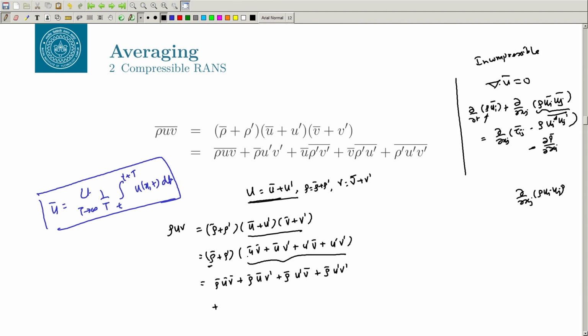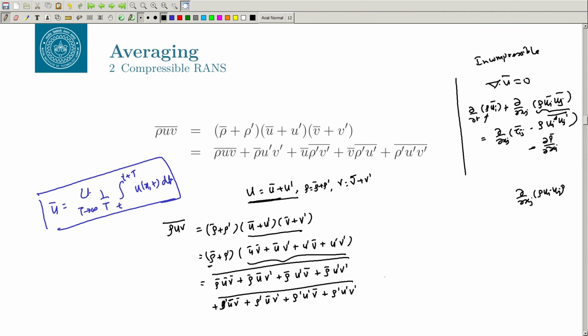Now I multiply rho prime with all of them: rho prime u bar v bar plus rho prime u bar v prime plus rho prime u prime v bar plus rho prime u prime v prime. And then, as we did earlier, we need to take an average of this entire thing, top and bottom.